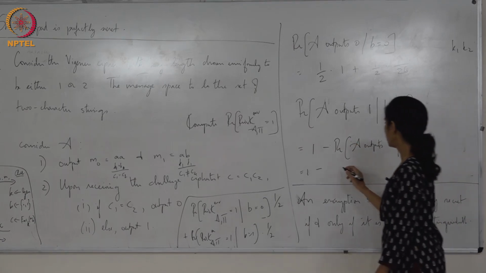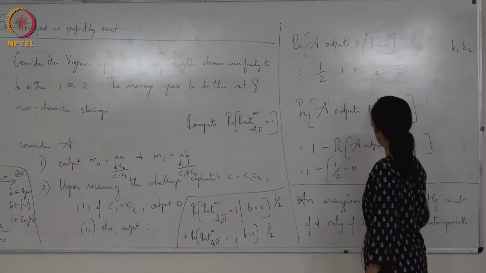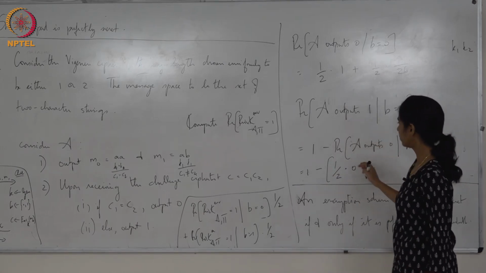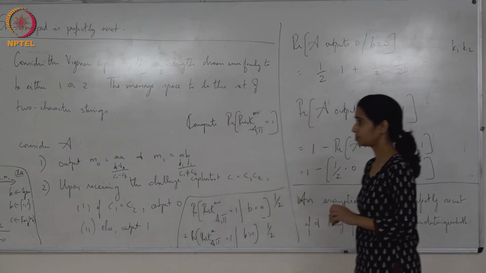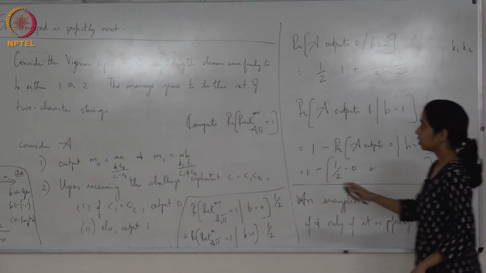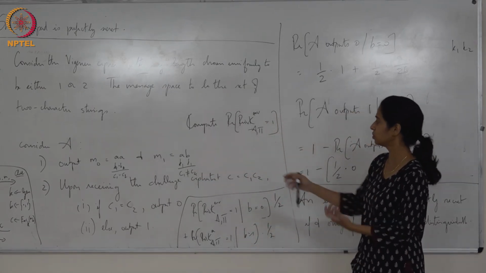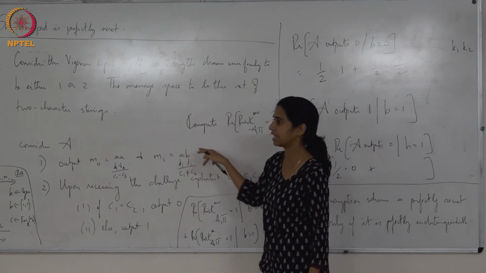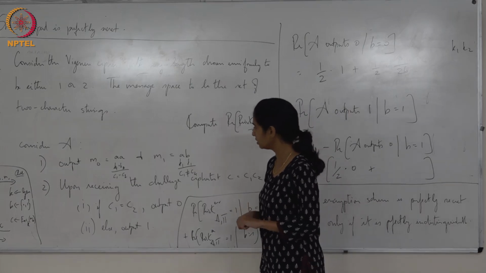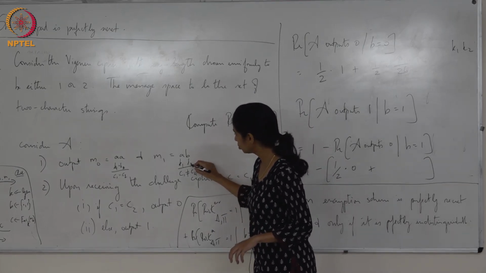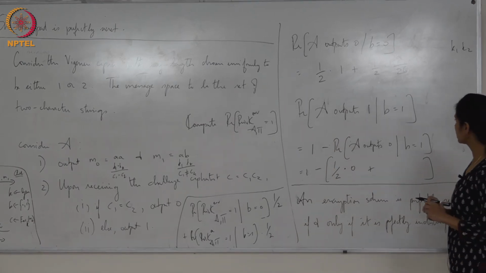So here in the case where the key length is 1, A will never output 0. Isn't there one case where it can, when the key is of length 1? No. When the key is of length 1, it can never do that because the keys are repeated and the plaintext characters are not repeated, right? But what about the case when the key length is 2? 1 by 676.